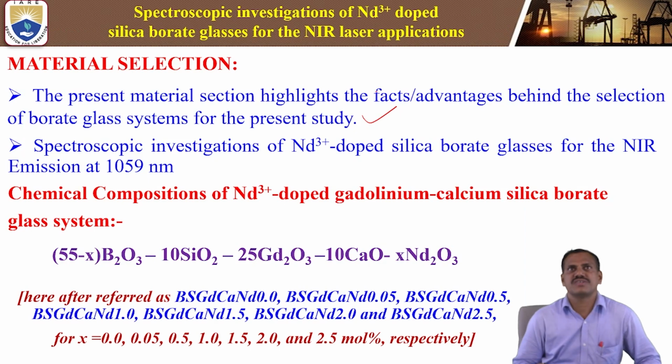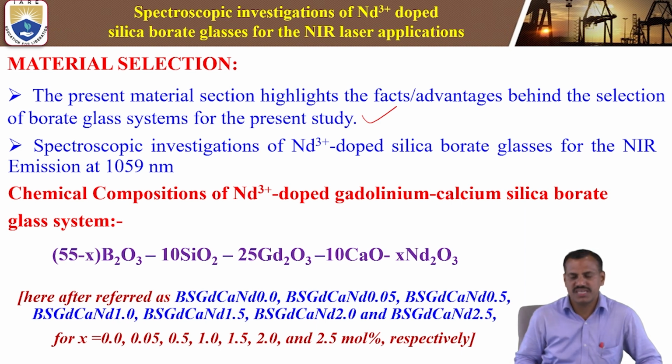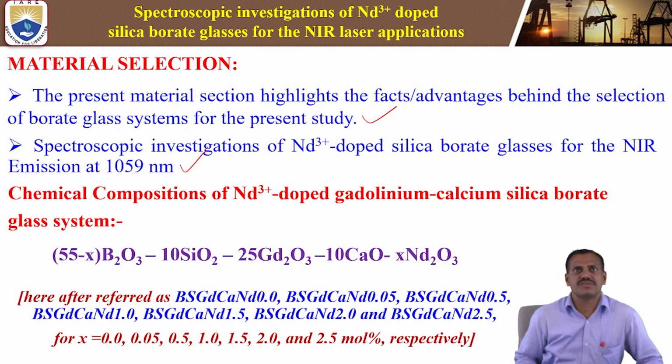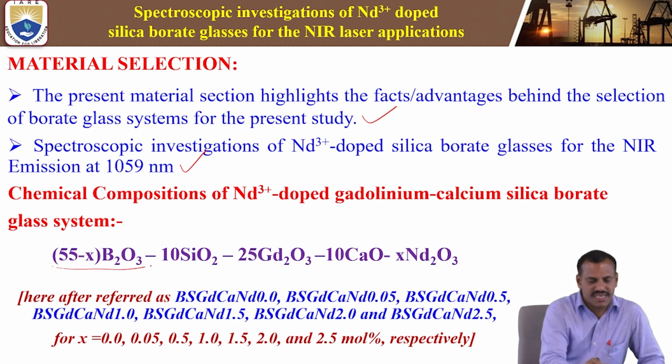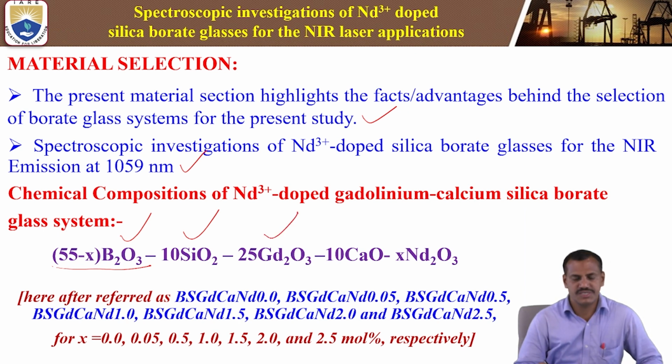In our present work, the glass composition is silica borate glass also mixed with gadolinium. This is a spectroscopic investigation of Nd3+ doped silica borate glasses for NIR emission at 1059 nanometers. The chemical composition of the Nd3+ doped gadolinium calcium silica borate glass system is (55 minus X) mole percent boron trioxide B2O3, 10 mole percent silicon dioxide SiO2, 25 mole percent gadolinium oxide Gd2O3, 10 mole percent calcium oxide, and X mole percent Nd2O3, neodymium oxide.